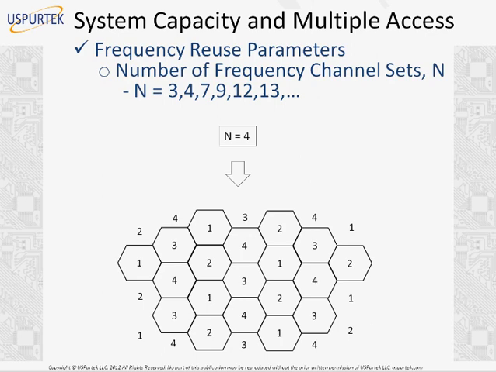Now there is a question: where does FDMA, frequency division multiple access, enter into consideration? Well, yes, this is an example of FDMA, but you also have time slot allocation. Now these things are not relevant at this point of time because we are only focusing on how we reuse frequencies.